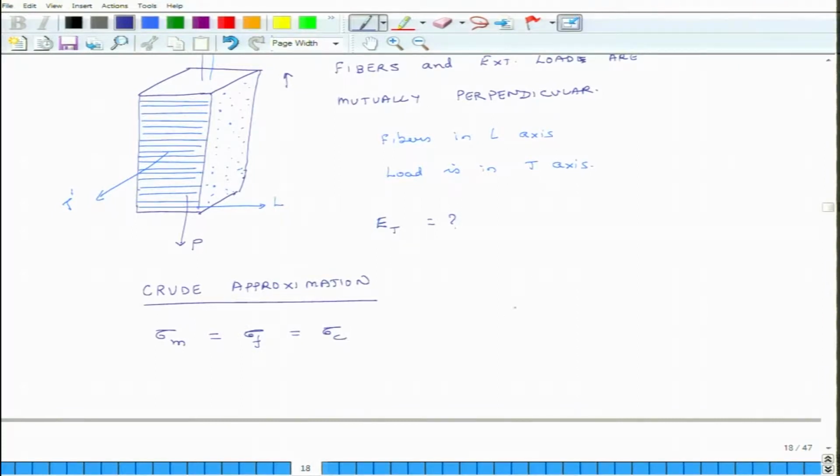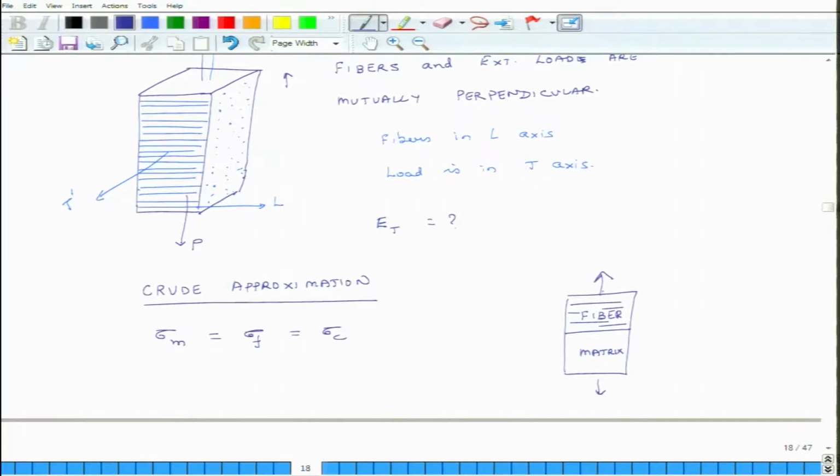Why? Because we can idealize this entire sample as a slab of fiber and a slab of matrix, with the fibers running like this, and if I pull it like this, it is a slab of fiber and a slab of matrix.